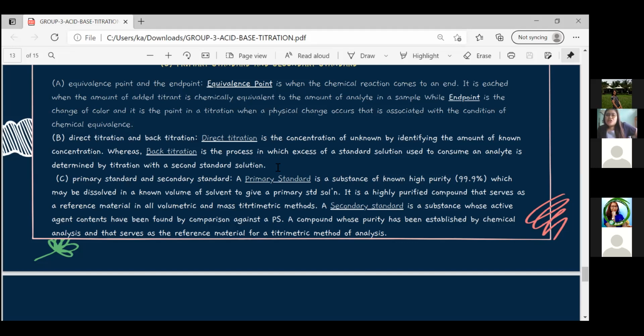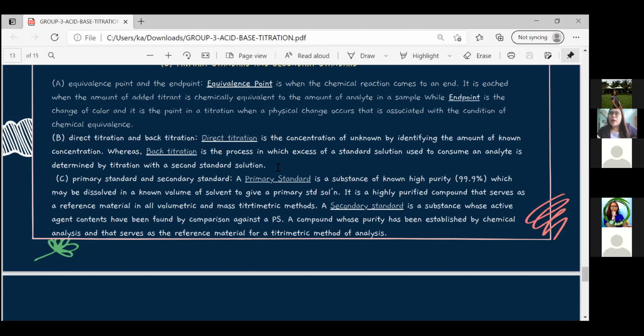Back titration, on the other hand, is another process. We do it if we cannot get a sharp endpoint. For example, the two substances don't really react rapidly, meaning their reaction is slow. We have swirled our Erlenmeyer flask many times, and they still have not reacted. That's the time we do back titration. So how do we do the back titration?